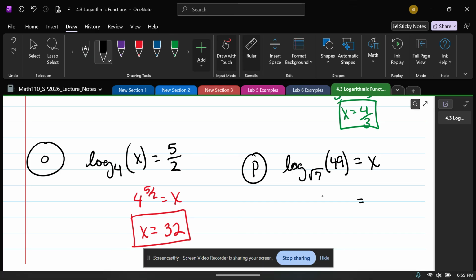All right, so that'd be 7 to the what on that side?